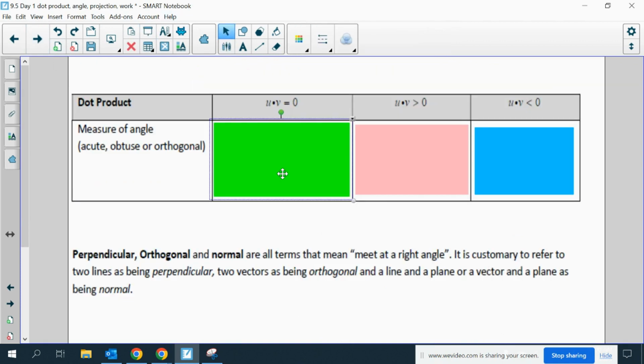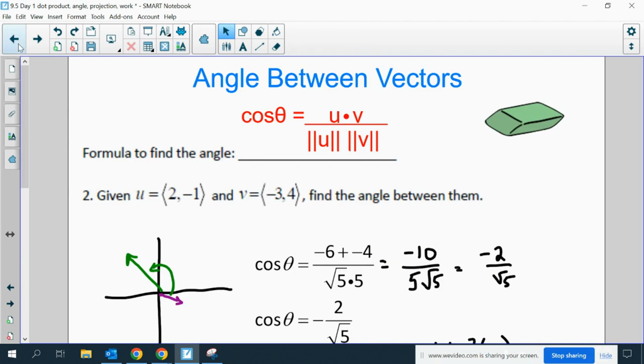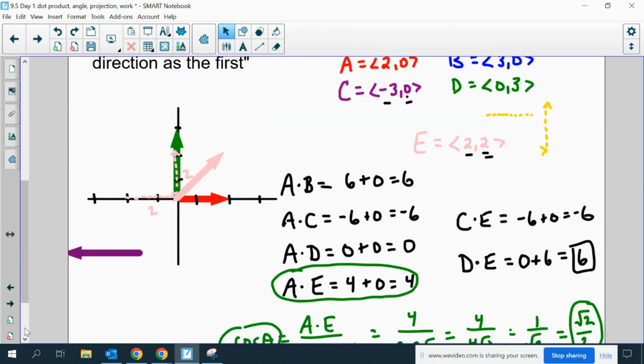Now, some things that we'll be aware of. If the dot product is 0, the angle is going to be 90 degrees, and they're going to be perpendicular or orthogonal. So oftentimes we'll use orthogonal or normal as synonyms for perpendicular. If the dot product is greater than 0, we see that it's an acute angle. Notice that A dot E was 4, so we end up with an acute angle.